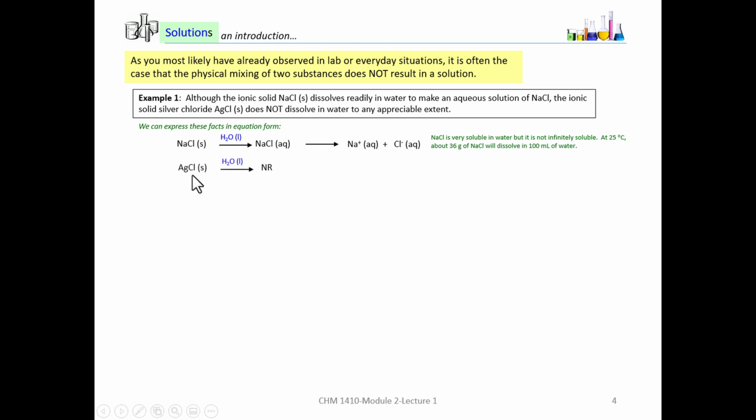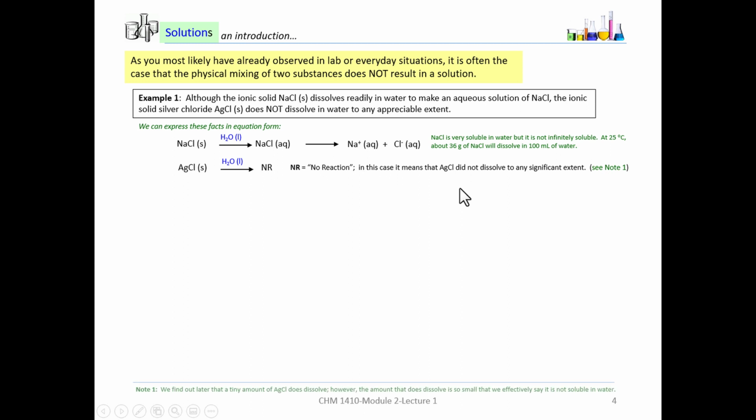If we write the same equation for silver chloride, and we go into a lab and actually put silver chloride in water, we'd find out that it looks like it just doesn't dissolve. So what we write here is NR, meaning literally no reaction. But in this case, it just means that silver chloride does not dissolve to any significant extent. I have a little note here.